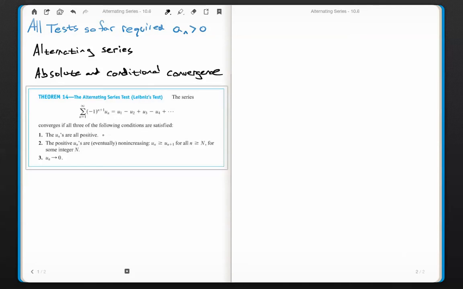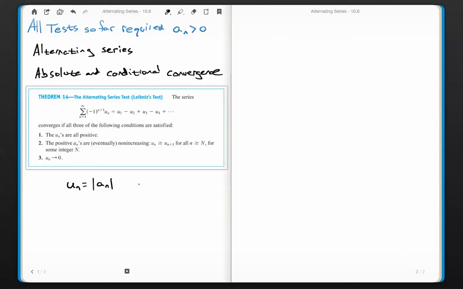1, the u sub n's are all positive. Now what that means is that the u sub n is really the absolute value of a sub n. All right, u sub n just means it's positive. And there's something else, in this case it's negative 1, that causes the sign to change. 2, the positive u sub n's are eventually non-increasing, i.e. u sub n is greater than u sub n plus 1.